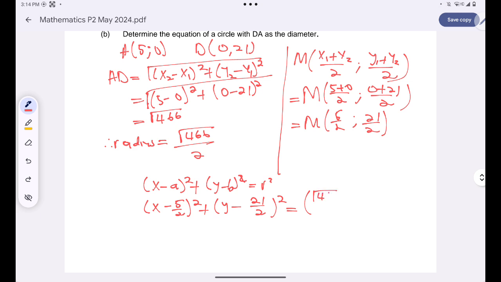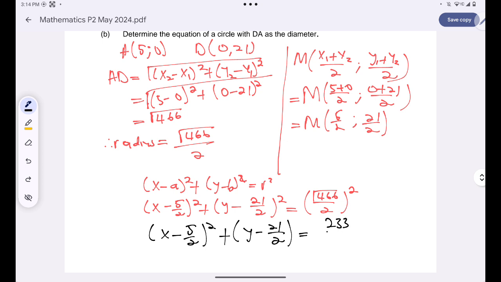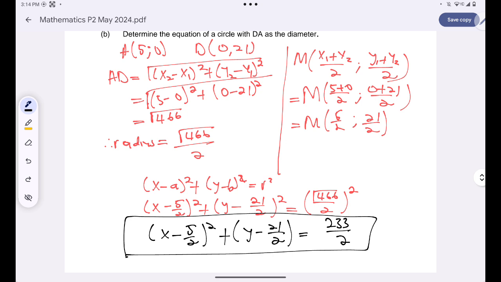So I will have the square root of 466 all over 2, all squared. This will give me, let me write the final answer in black, x minus 5 over 2 all squared plus y minus 21 over 2 all squared is equal to 233 over 2. That's the equation of the circle with AD as its diameter.